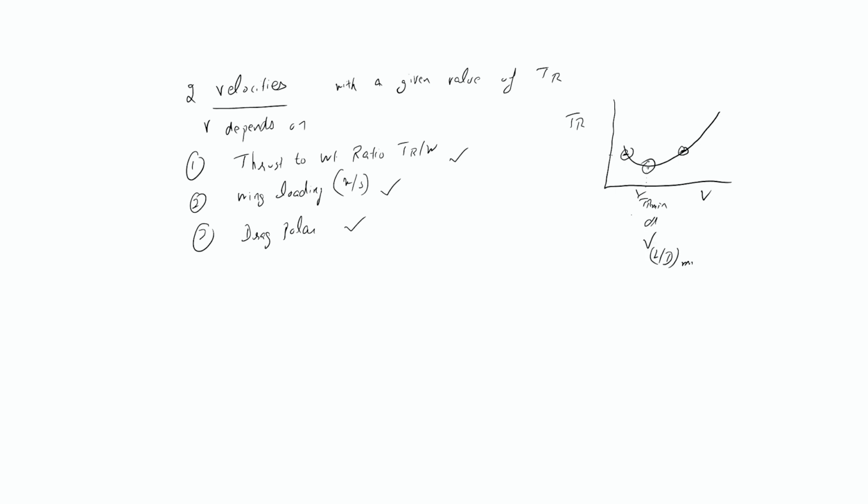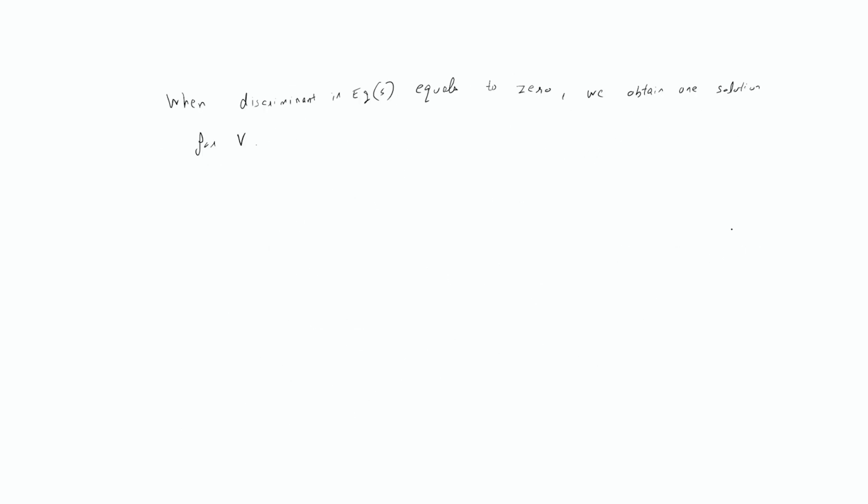Please do not forget this. This we have already discussed. Now let us proceed further and substitute that equals to 0, that is (TR by W) whole square minus 4 CD naught K equals to 0.